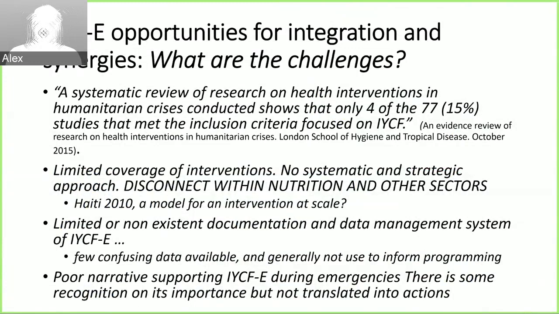And again, as I showed in some of these experiences, there is limited coverage of interventions, sometimes no systematic and strategic approach in the way we intervene. And let me say, based on personal experience, disconnect even within the nutrition program, not only with the other sectors. And thinking aloud, maybe we could look at Haiti 2010 as a model for an intervention at scale. This is something for discussion.